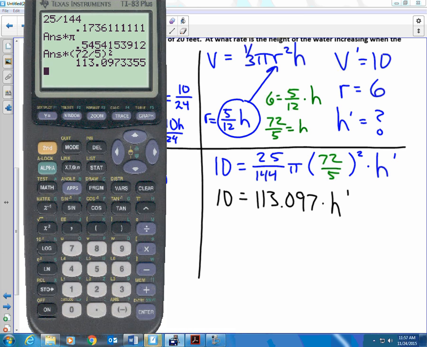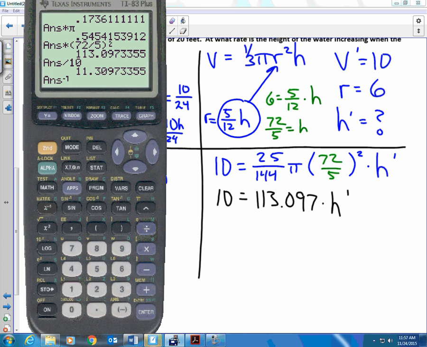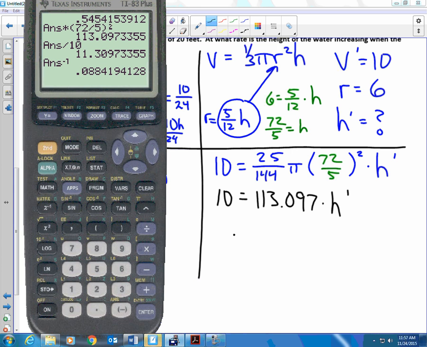And now if I take 10 divided by 113.097, I get 0.088. What are my units? What are we finding the derivative of? The height. And the height is measured in feet per minute.